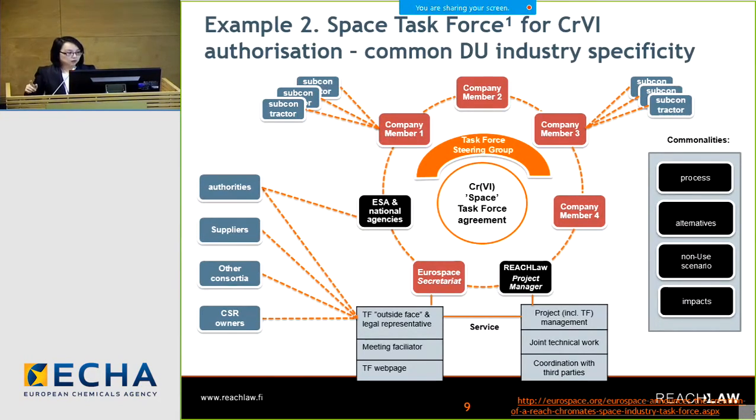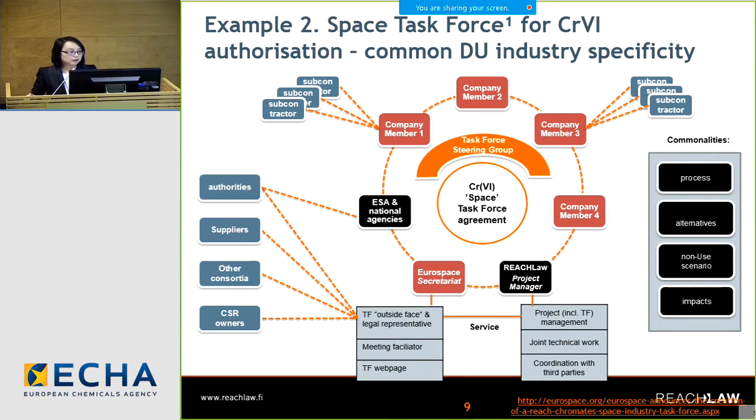Even though there are 2 groups of companies making 2 groups of products, still, because of this very strong, unique industry specificity, it is possible to build a very strong argument for why they need authorization.